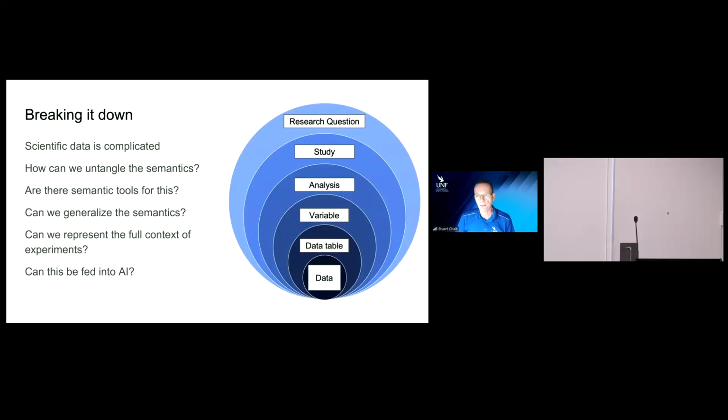So I've got this onion diagram trying to represent that obviously there are many levels of information here that we need to think about. Can we untangle these semantics? What tools do we have that are potentially available for us to use to do this? Once we've done our more in-depth analysis of these different levels and the connectivity between them, can we generalize those semantics? And thus, can we represent the full context of scientific experiments, which is not necessarily just how the researcher would talk about it, this is what I'm studying and here's the relevant information around that?